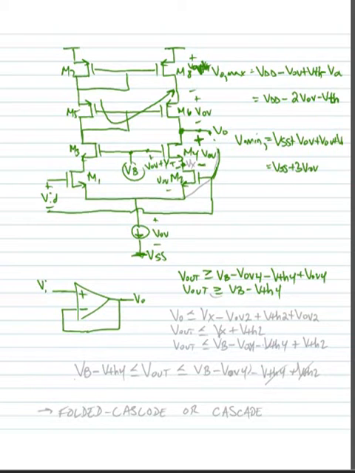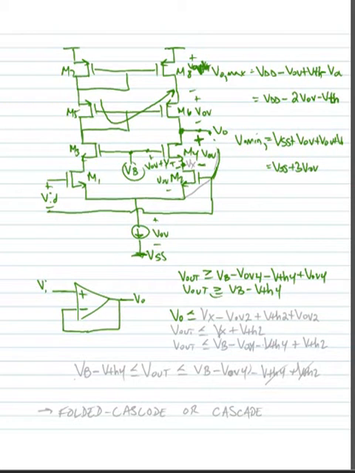Now let's look at the condition for the minimum voltage. So here I know I have a VOV2 that I need to worry about. Sorry, this was the minimum voltage. Now I need V out greater than this number. This is the minimum voltage. Now I'm finding the maximum voltage.